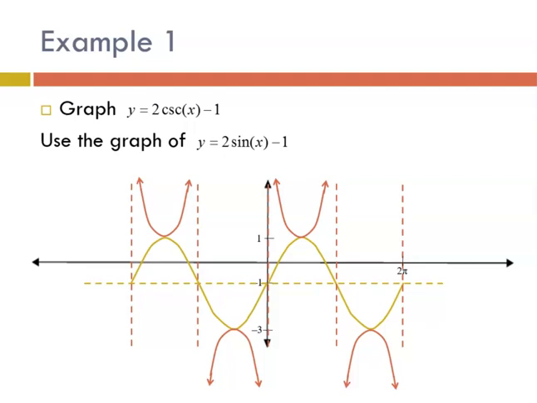So again, remember that only the red portion is the actual cosecant function here, and the sine function is in yellow. If you want to, you can put it as a dotted line as well, or in a different color, to make sure it's very clear that those are two different functions, and the cosecant function is only the one in red.